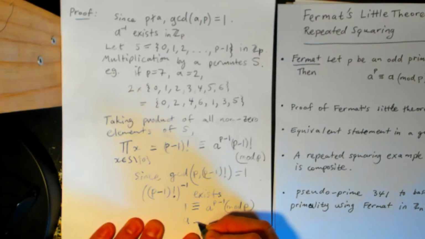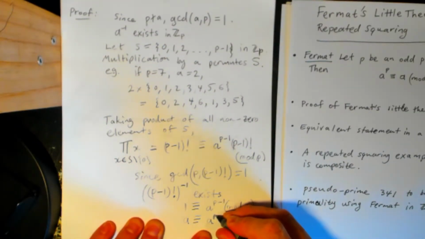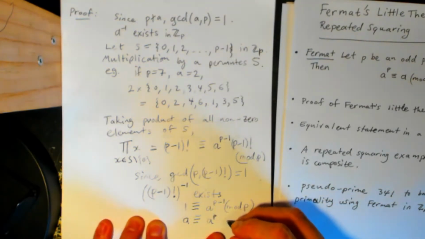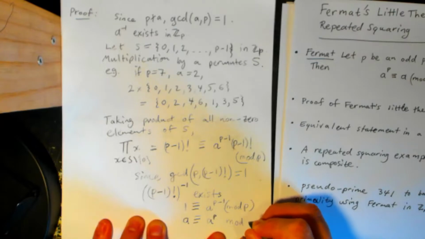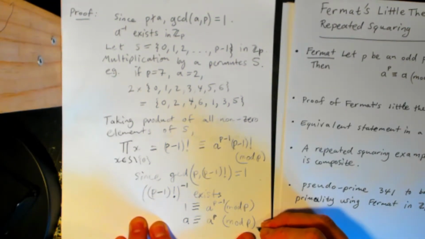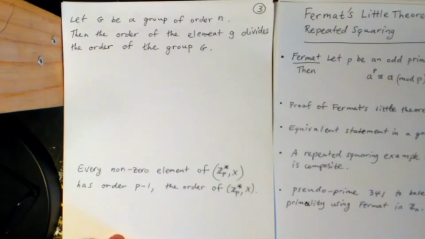And so we get a congruent to a to the power of p mod p. Okay, which completes the proof of our claim, or Fermat's claim.